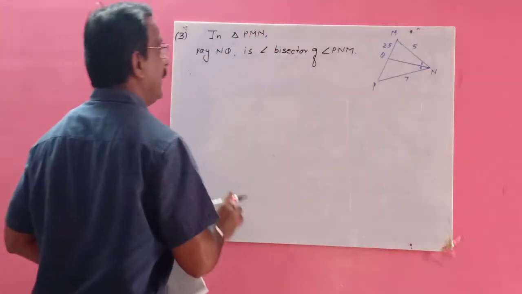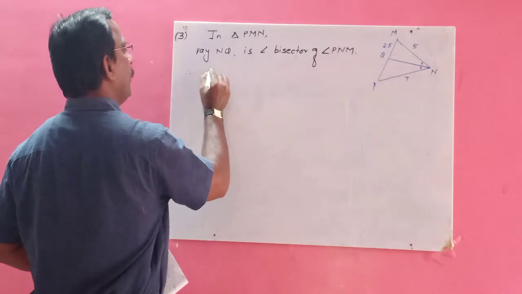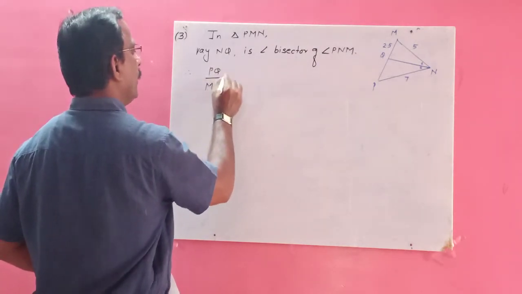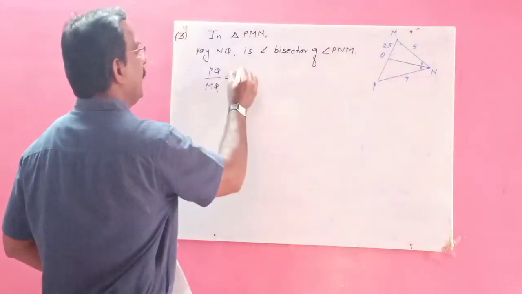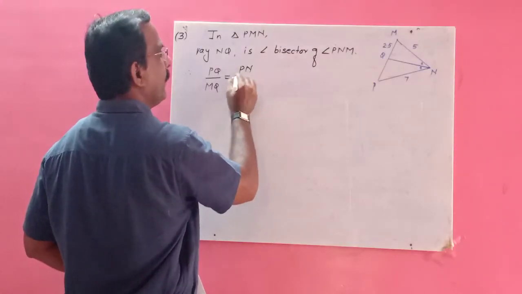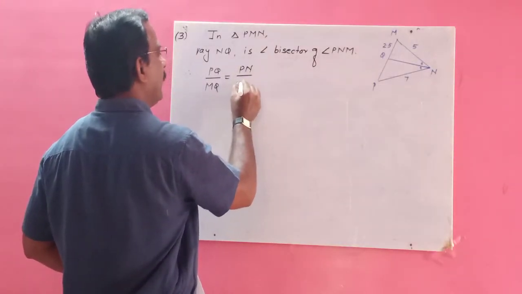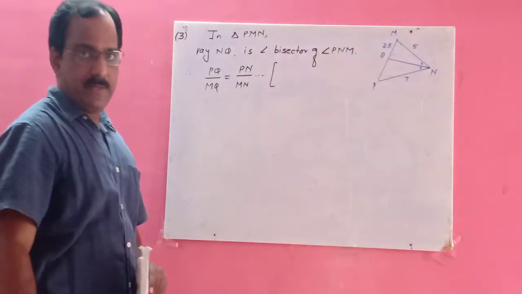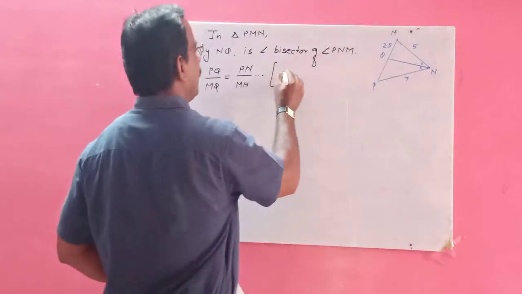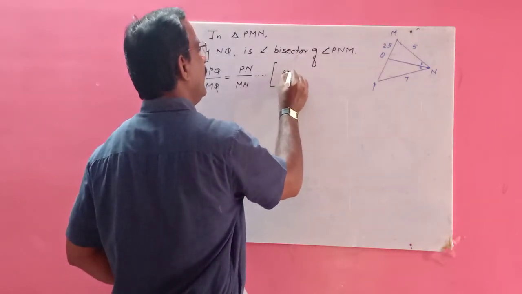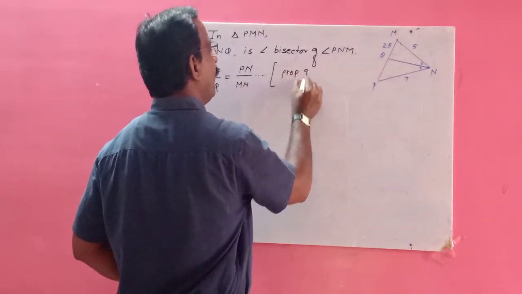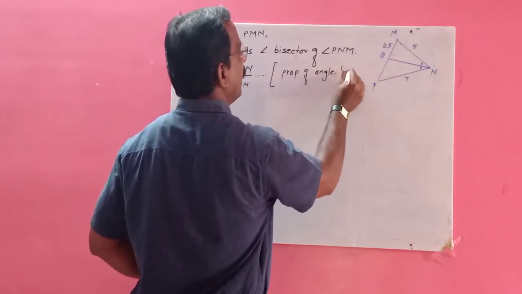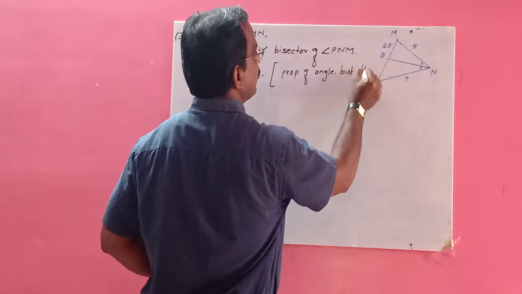So here I am writing PQ upon MQ is equal to PN upon MN. What is the reason? Here you should write the reason: property of angle bisector theorem.